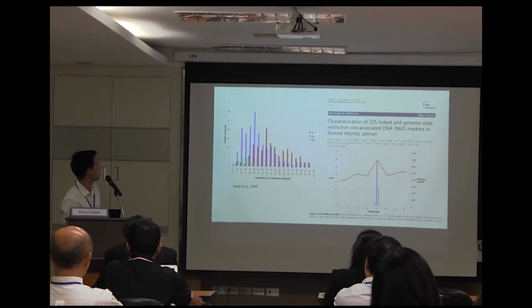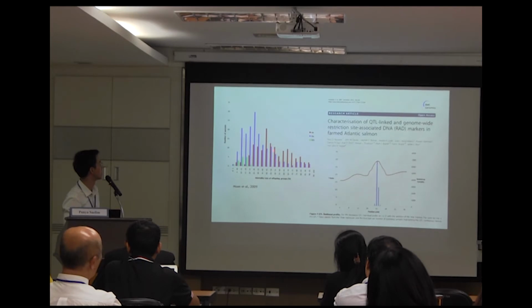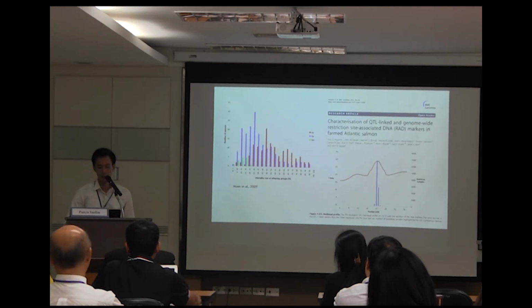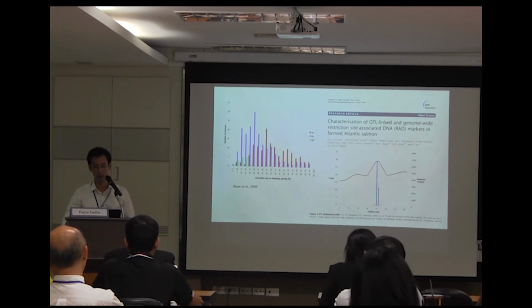Whereas for the small q, clearly the distribution is much broader and more skewed to very high mortality of the IPN virus. So the heterozygous is in between these two distributions. And later the study used the sequencing data to also pinpoint the position of these markers, or this QTL.